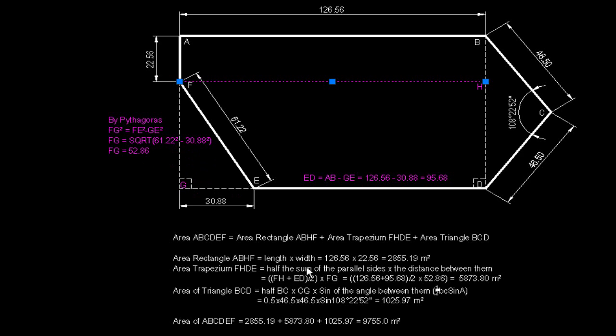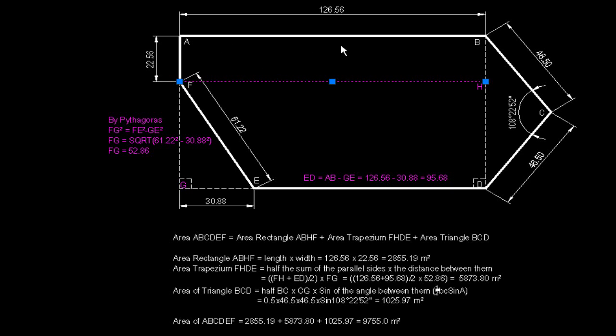So then back down here, putting it into our formula for the area of a trapezium, which is FH plus ED divided by 2 times FG, the distance between them, equals 126.56 plus 95.68. I've worked out 95.68 down here for ED.